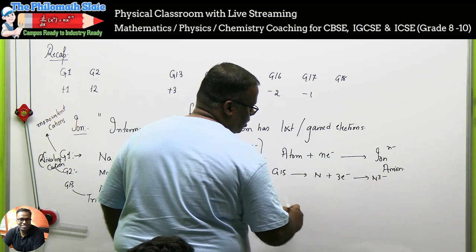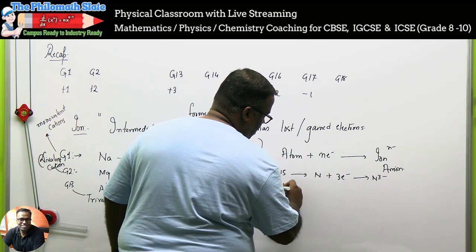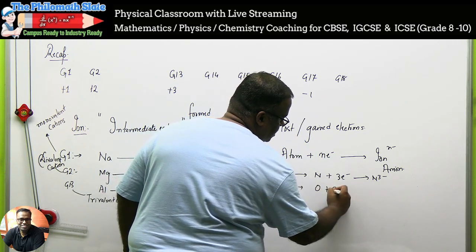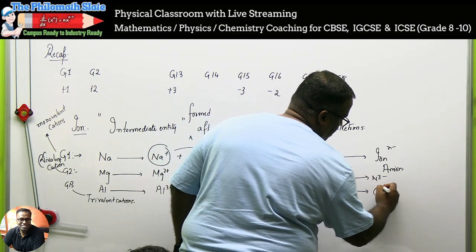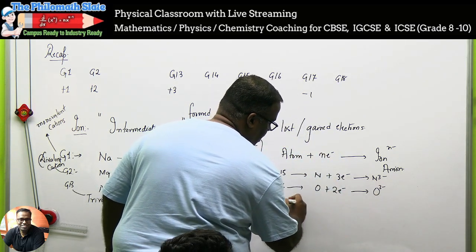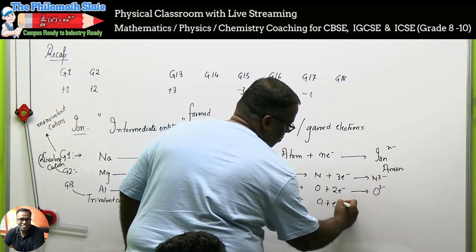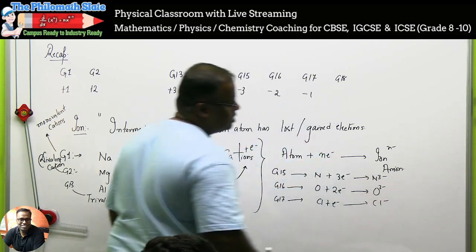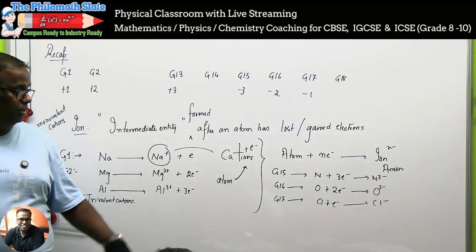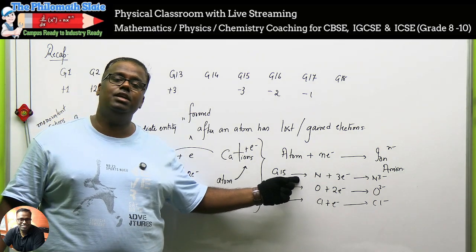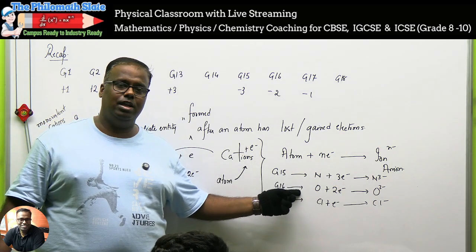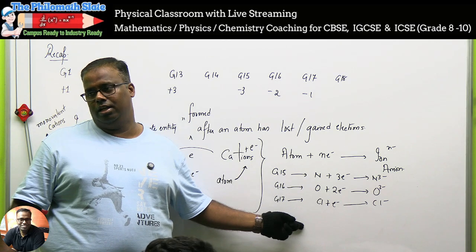Then group 16, I can take oxygen, which eats up 2 electrons and forms O2-. And group 17, I have chlorine, which eats up 1 electron and becomes Cl-. Clear? These will be called trivalent anion, divalent anion, monovalent anion.